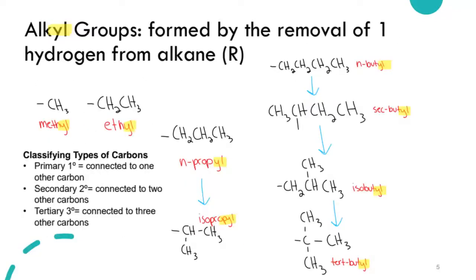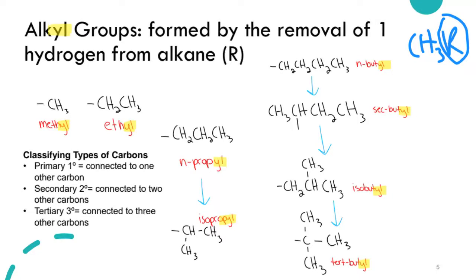Okay, so alkyl groups are formed by removing a hydrogen from an alkane. You typically see this represented by R. So you might see something like this with an R, and that would just tell you that there's some alkyl group there, some undefined carbon group.